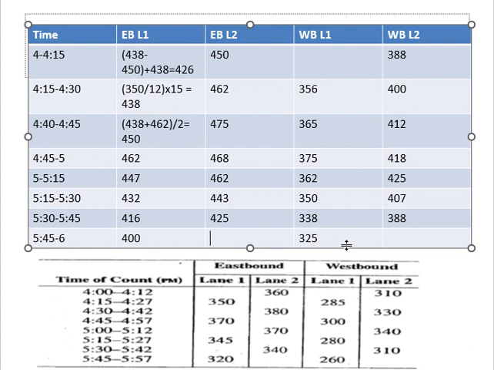Do it exactly as I have written: next value, minus the next value. 438 minus 450, the answer is negative. Now you do plus.